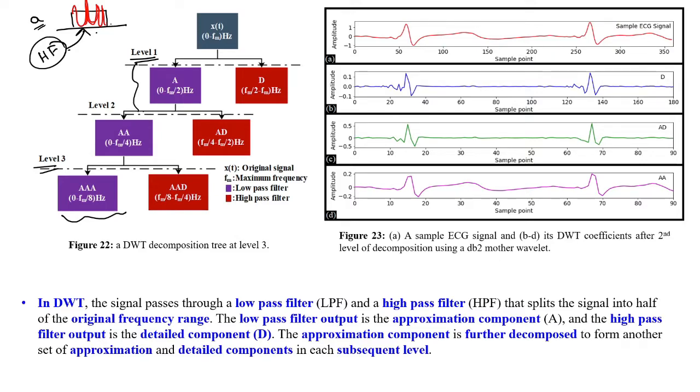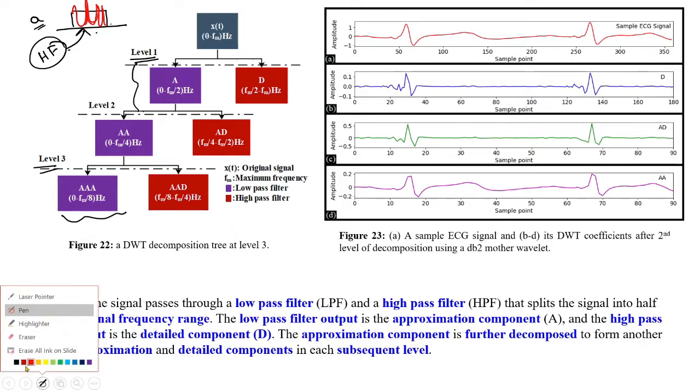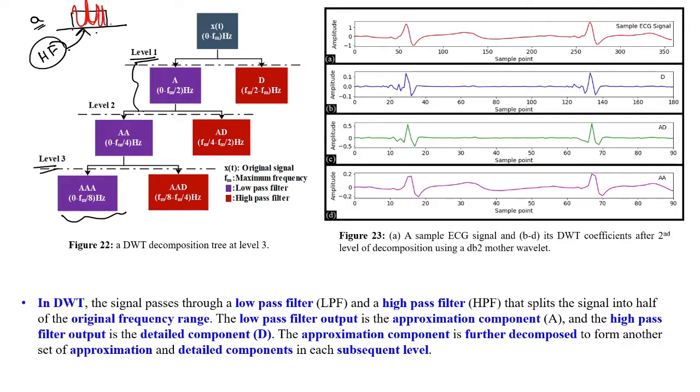On the contrary, if we increase the scale, then it becomes suitable for the analysis of the low frequency component also. Say for example, there is this low frequency component. Now if you see this red mark, these are the high frequency signal components.